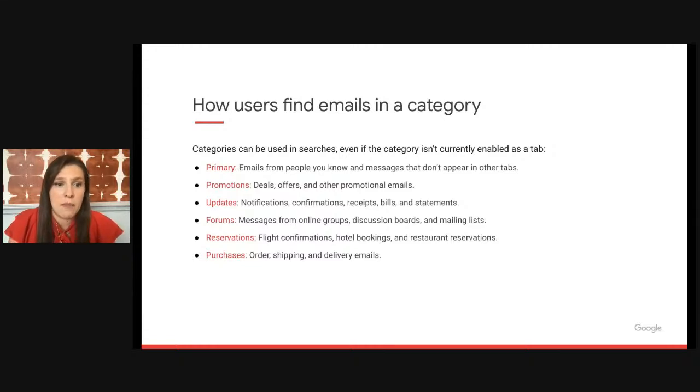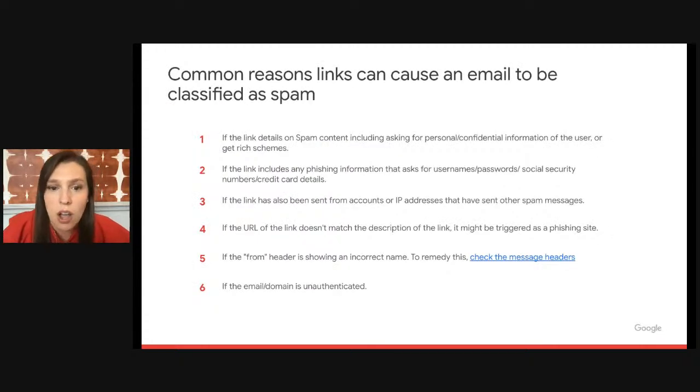Lastly, we have purchases, when your order shipping and delivery emails come in that category. So that's how all of our emails are assigned to different categories. Of course, they're not specific to any one industry, but they can be categorized in all of these different places within a user's inbox.